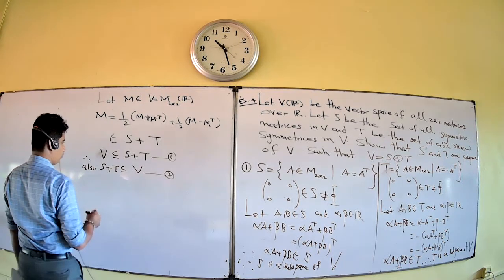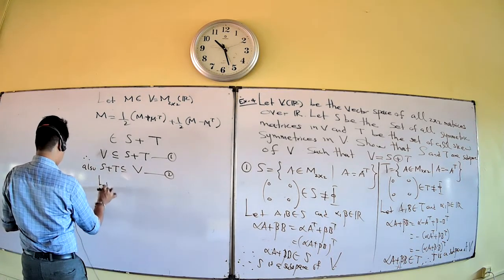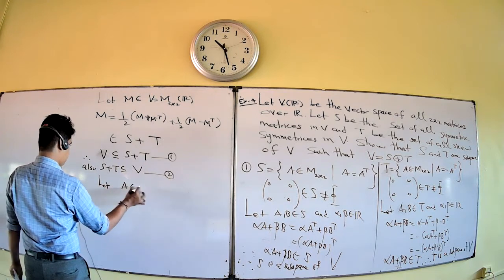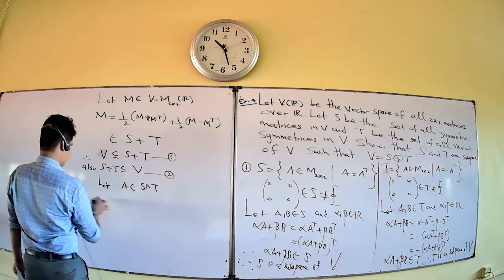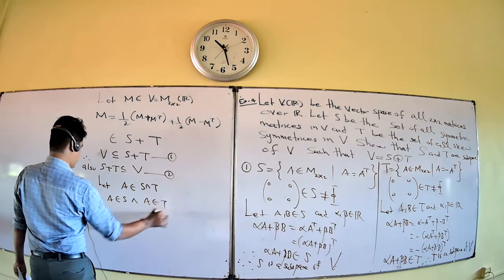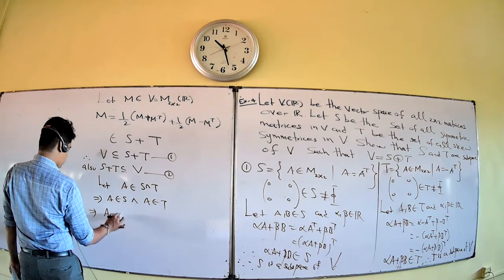Next, your claim is you want to show that S intersection T is the singleton 0. So let A belong to S intersection T. So A belongs to S and A belongs to T, A is one of the matrices. A belongs to S means you can write A equals A transpose.